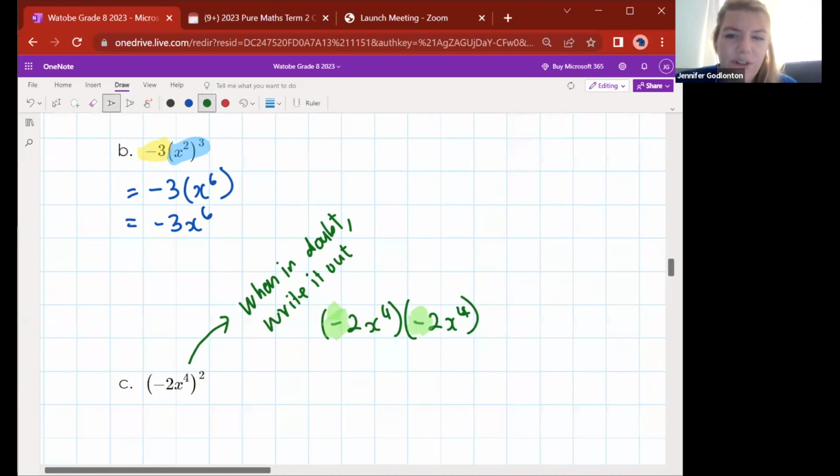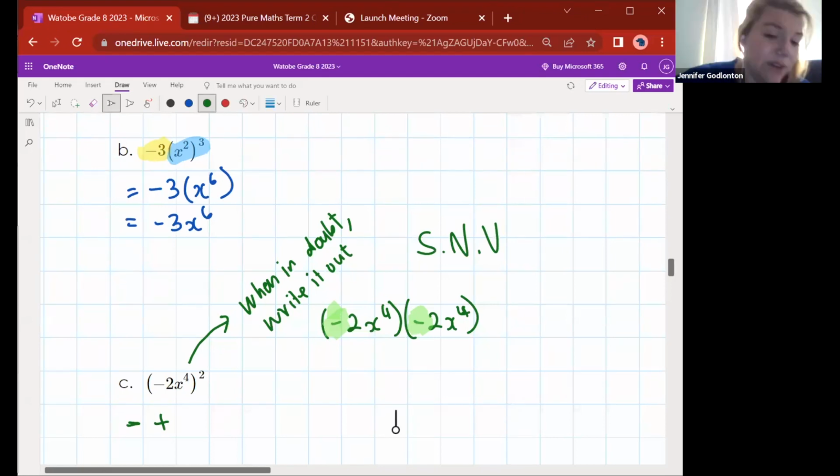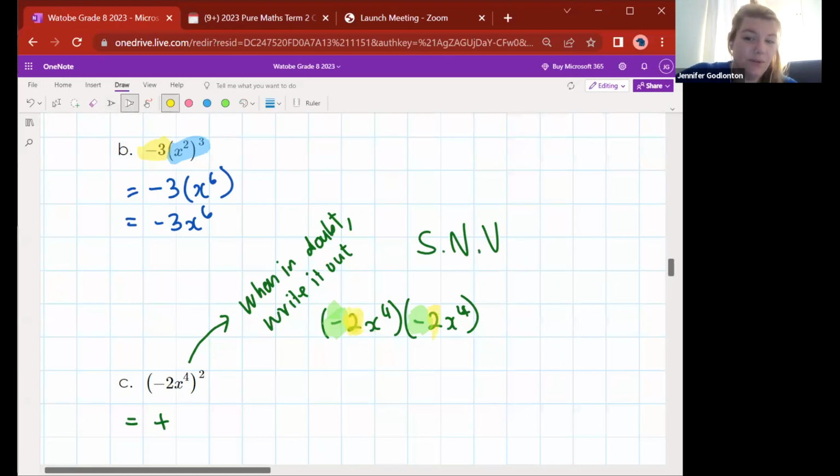If we have two negatives, what does that make? A positive, exactly. Okay, so our answer is definitely going to be positive because there are two negatives involved over here. Then if we had a look at our numbers, we've got 2 times 2. What is 2 times 2? What does that give me?